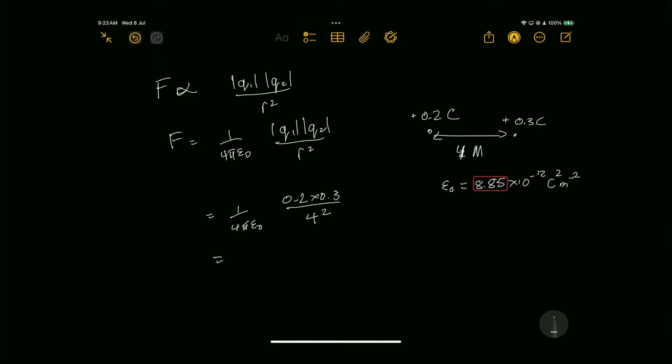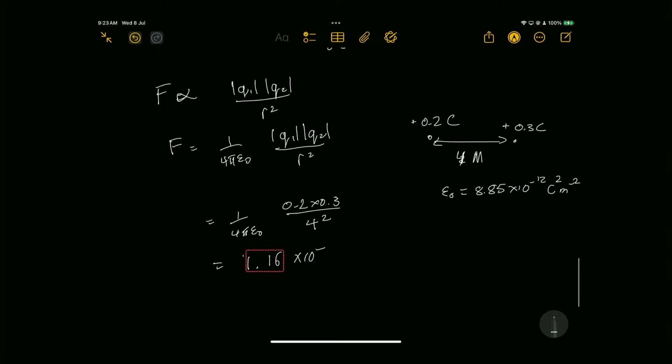Now how much would that value be? 4.16 by 10 to the minus 13. I'm working out the units.